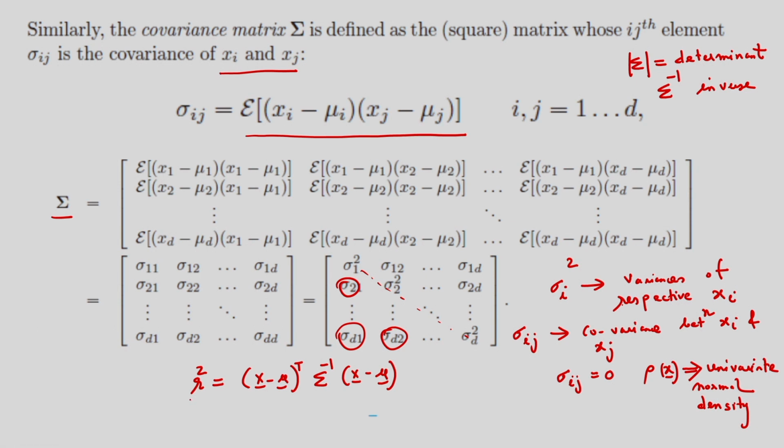So I am defining a distance, r square equals x minus mu transpose, sigma inverse, x minus mu, and that is a very important distance, called the squared Mahalanobis distance.